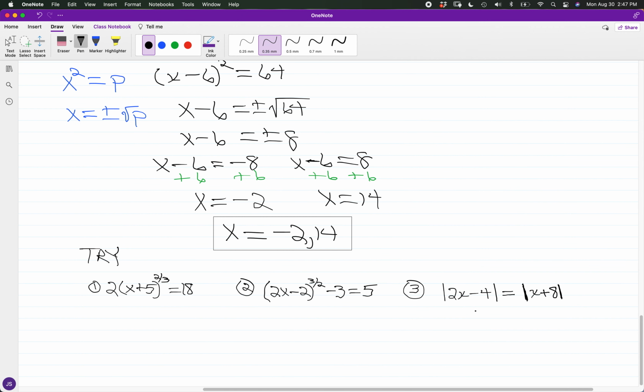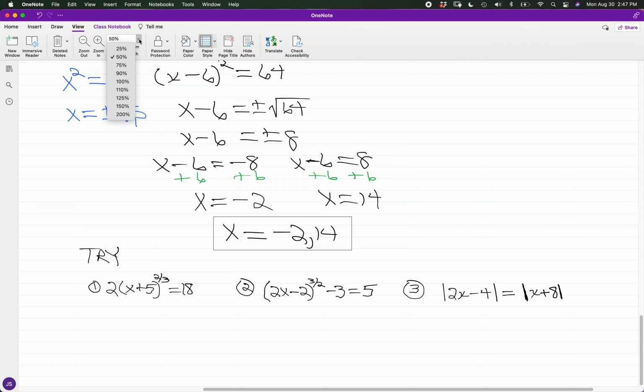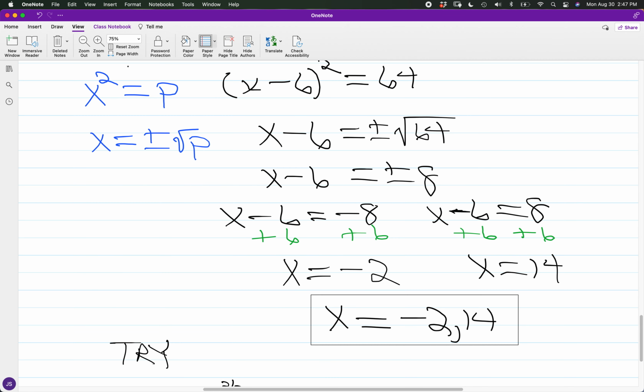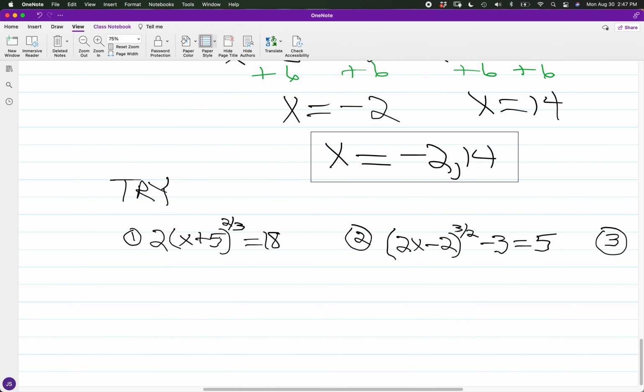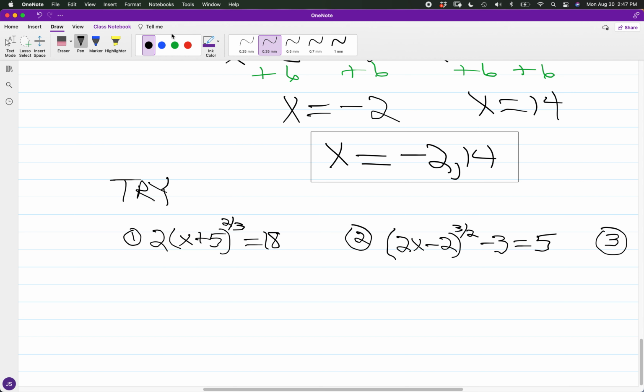The setup, if you're still working on these, that's fine. But in the case of the first item, we're looking at 2 times the quantity of x plus 5 raised to the 2/3 is equal to 18. If I isolate the variable expression just to take care of the coefficient 2, you could say that in a way it's like pre-isolating the radical.